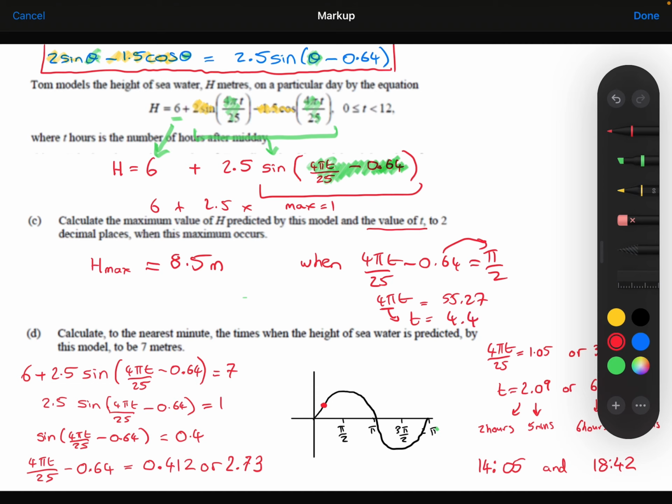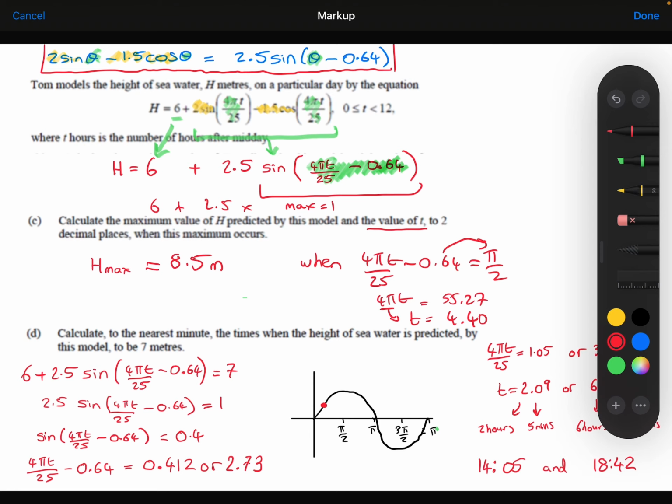So 4.4 hours. That's the value of t. And I could turn that into hours and minutes if I needed to.